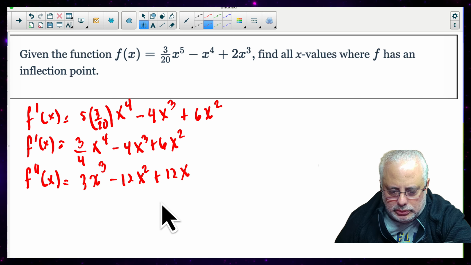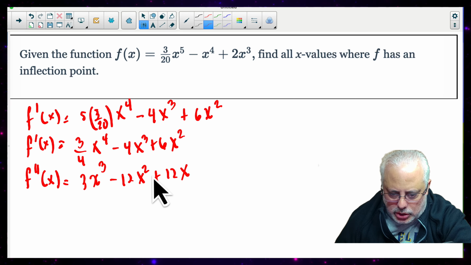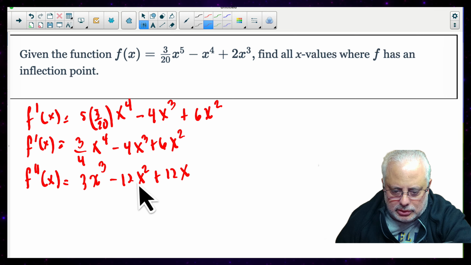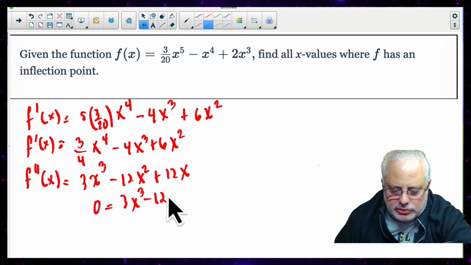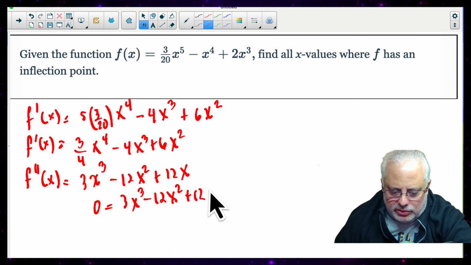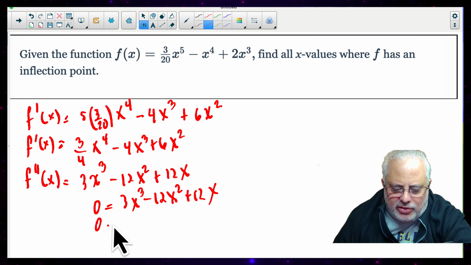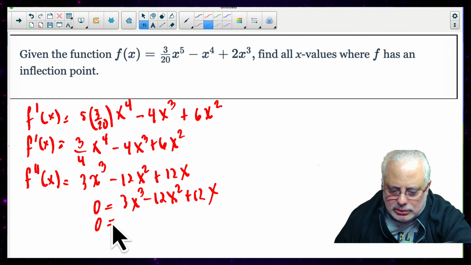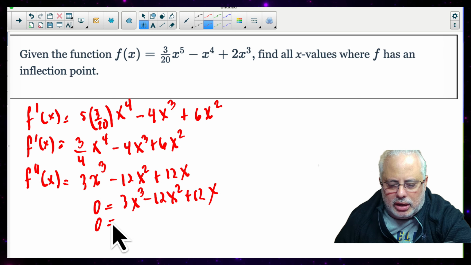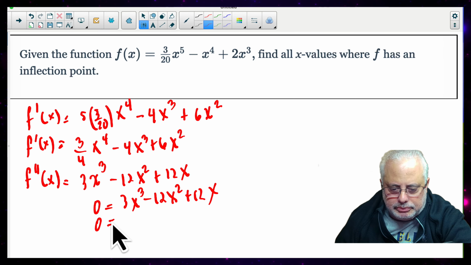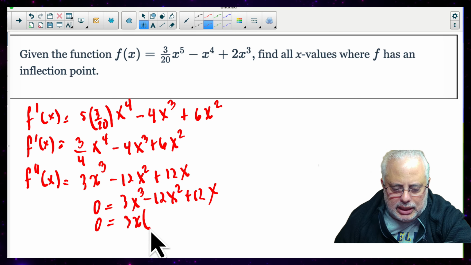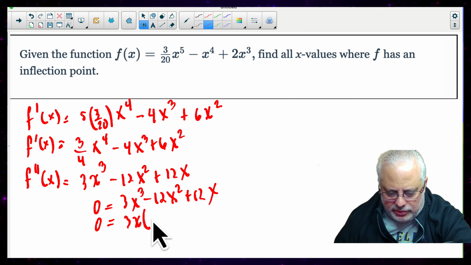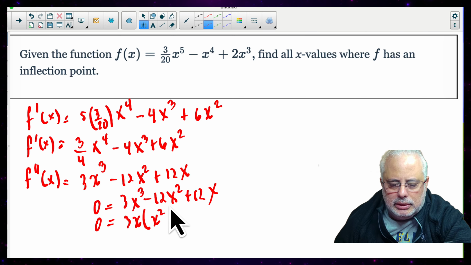What we do now is set the second derivative equal to 0: 0 equals 3x to the third power minus 12x to the second power plus 12x. We can factor out 3x. If we factor 3x, we have here x squared.